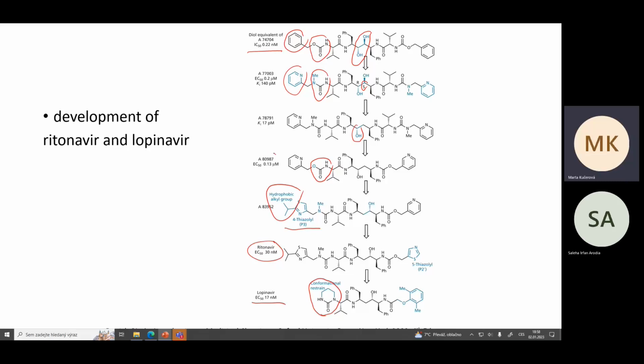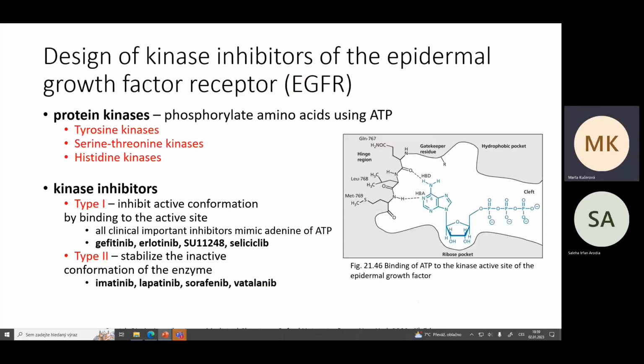I think that this middle compound was tested as intravenous antiviral agent. However, the final compounds were also orally bioavailable. So this was the example of de novo drug design and structure-based drug design of antiviral agent.